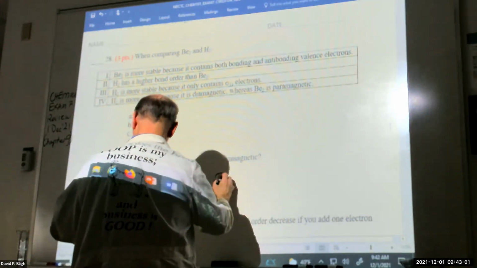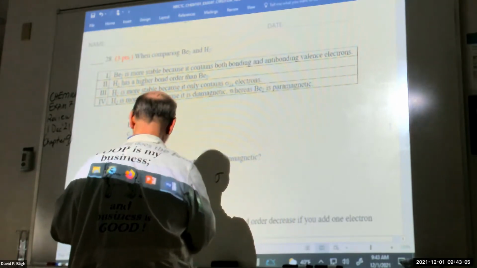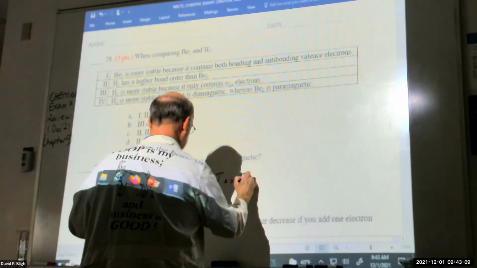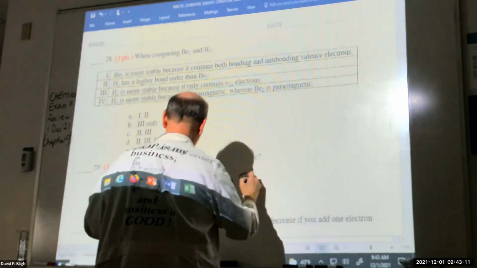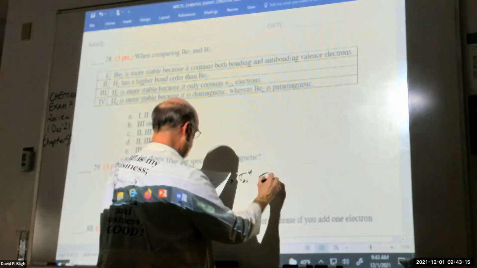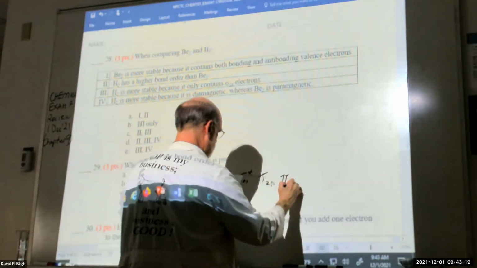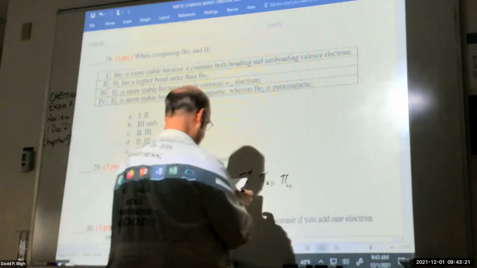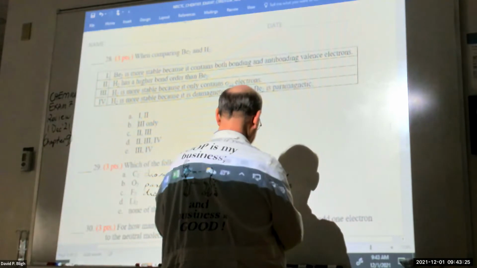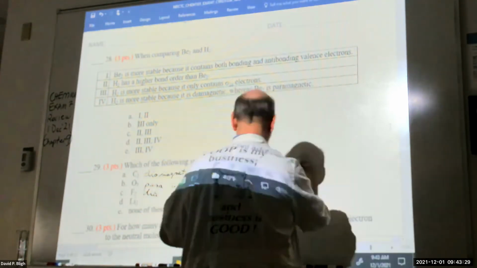Lithium has, let's see, sigma 2s, sigma 2s star, sigma 2p, pi 2p, and then, oops, nope, it's got mixing.